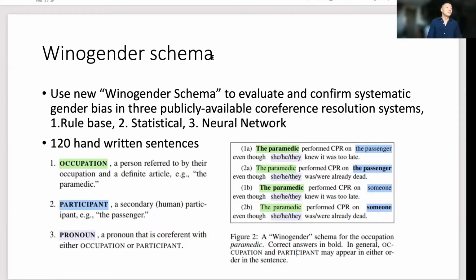And then on 2A, again, the paramedic performs CPR on the passenger even though he, she, or they was already dead. Again, it's very clear for humans anyway. For computers, it's still quite difficult that the pronoun should be resolved to the passenger, right?